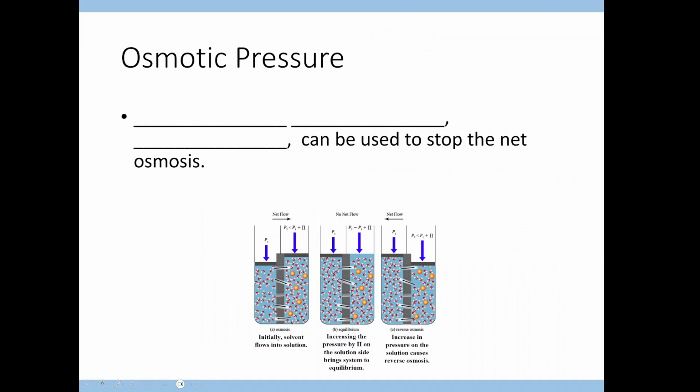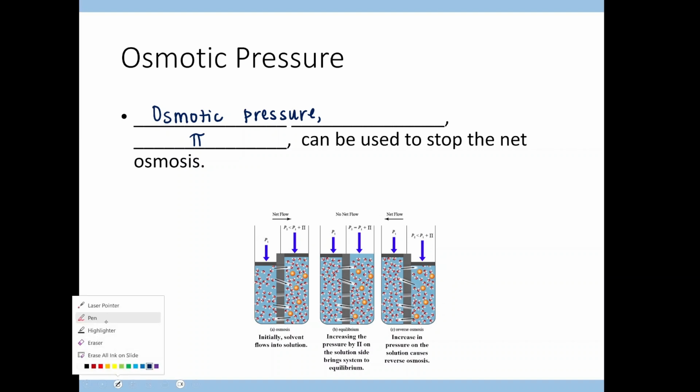So we can use osmotic pressure, or capital pi, the Greek letter pi, to stop the net osmosis. Okay, so what's happening here? In the first picture, the left side has pure solvent. The right side has solute, those are the orange particles. Let me switch to my laser pointer here.